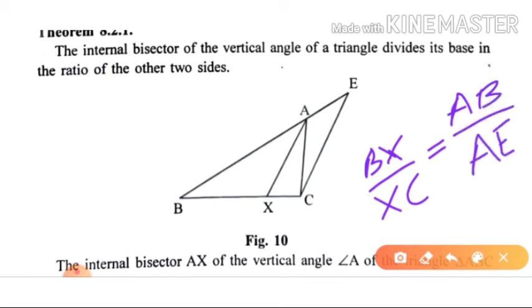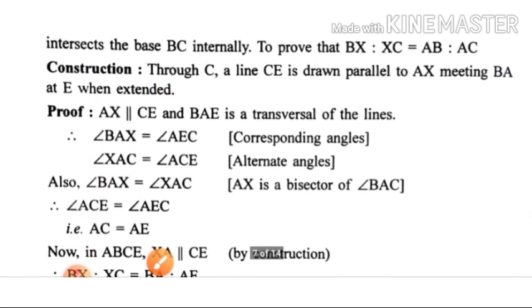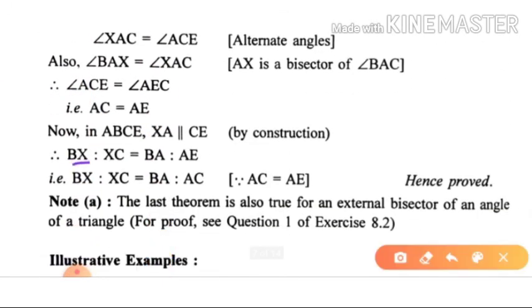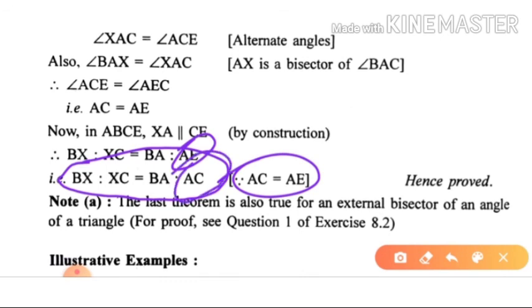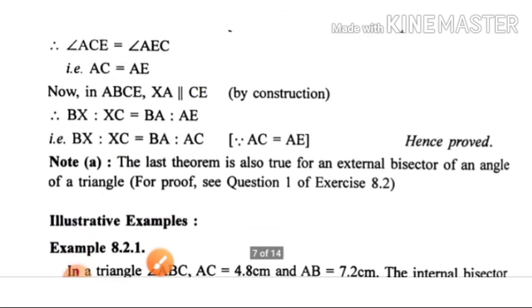Instead of this AE we can write AC. So we can write like this also, BX is to XC is equal to AB is to AC. So this is the proof of the theorem.